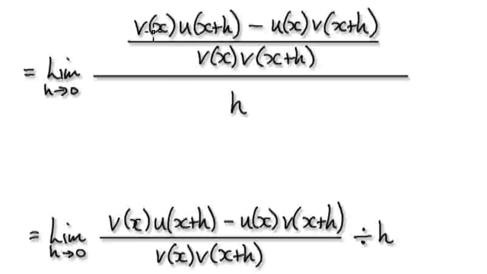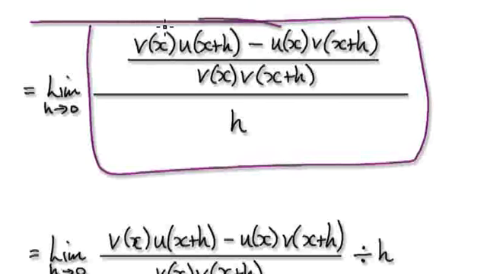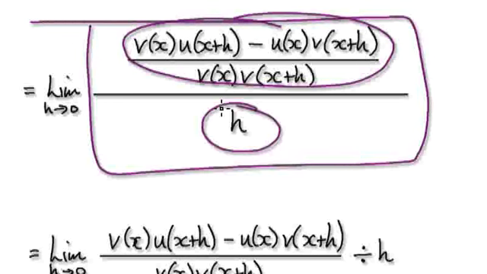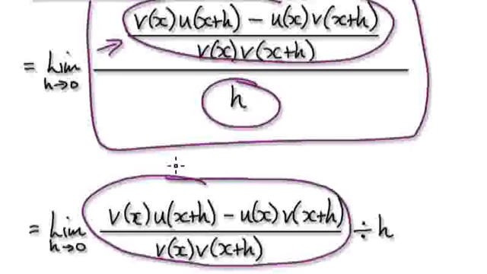Okay, and then our next step is whenever you have a fraction within a fraction. So here you've got a big fraction here. Within this fraction here you've got a fraction over this thing here. So whenever you have a fraction within a fraction, then visualize it like this. So at the moment you've got this number, well, whatever that is, just think of it as a fraction divided by h, but visualize the divided by h like this.